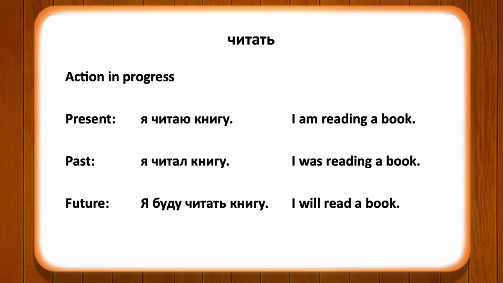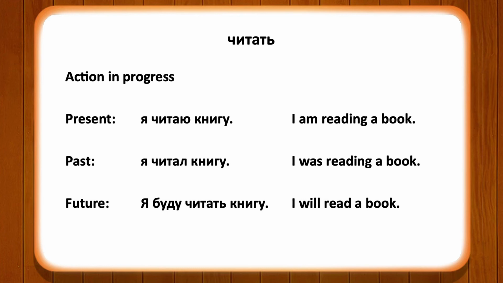For example, the verb chitaj, it's an imperfective verb. Ya chitayu knigu means I am reading a book. Here you can see the action is ongoing in present tense.